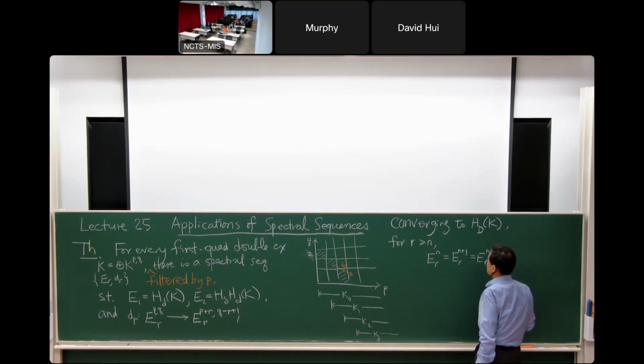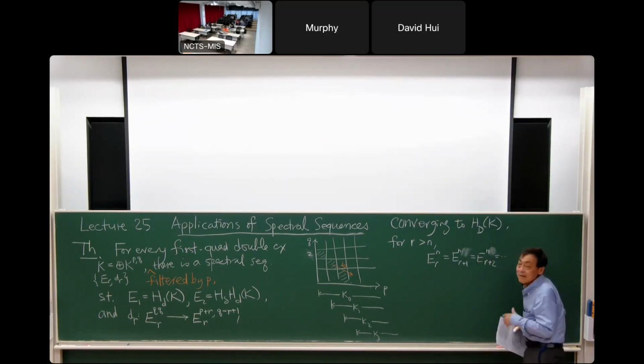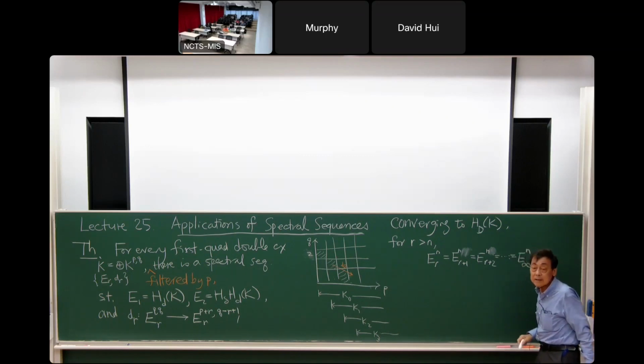Just a minute. No, sorry, the degree is fixed. It's the r that's changing. As you turn the page, r is a page number, the group will not change, and that stable value is E infinity in degree n.